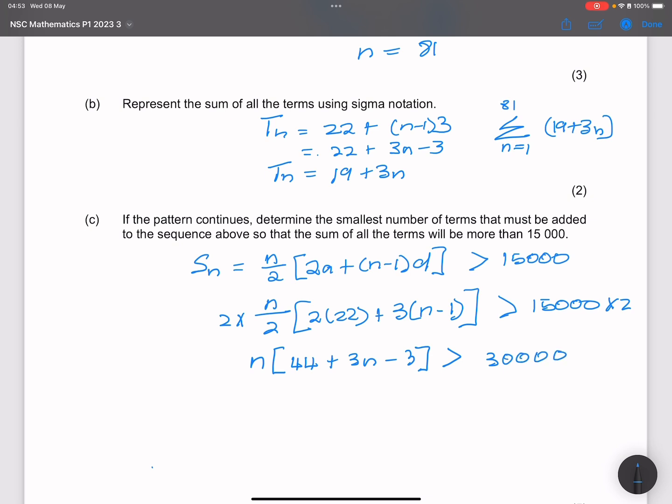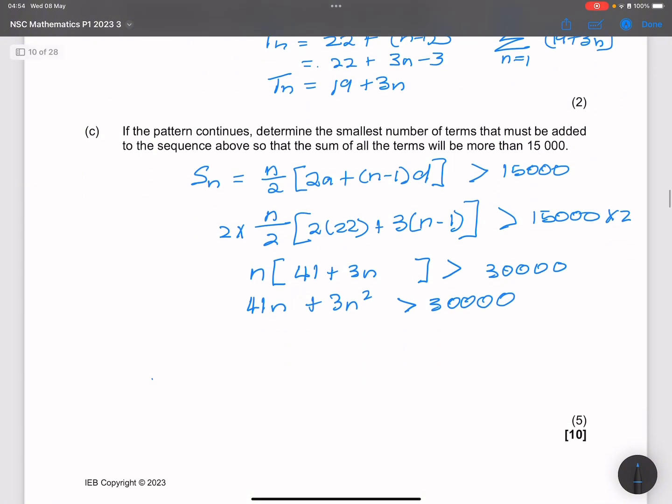Right, so let's try and multiply out by n. But first, 44 minus 3 will give us 41. Okay, so that will be 41 plus 3n. So we've got 41n plus 3n squared, right? And that should be greater than 30,000.